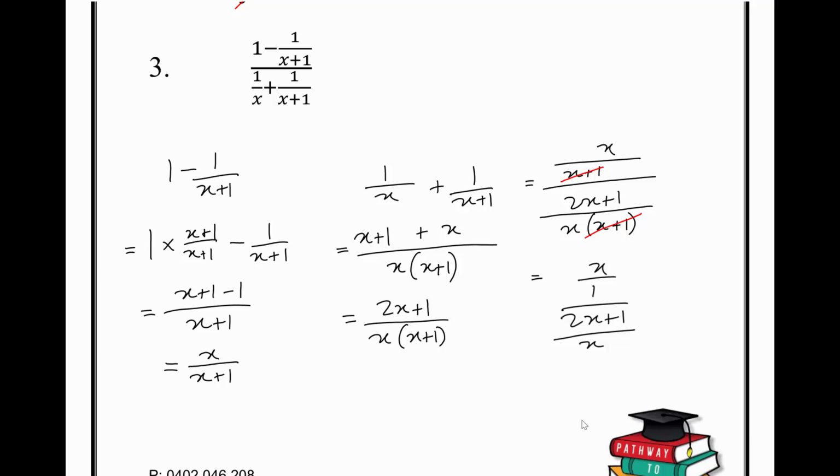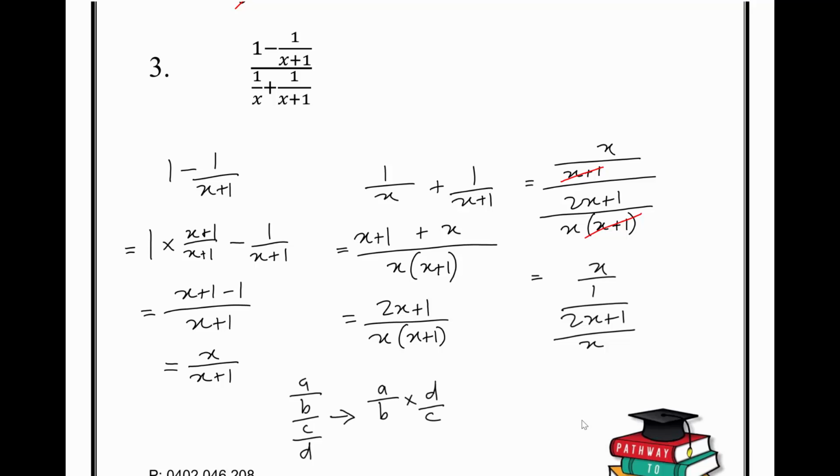Now let's refer to the method of a divided by b divided by c over d. What this actually equates to is a over b times d over c.